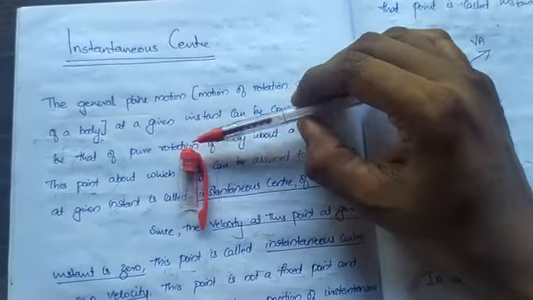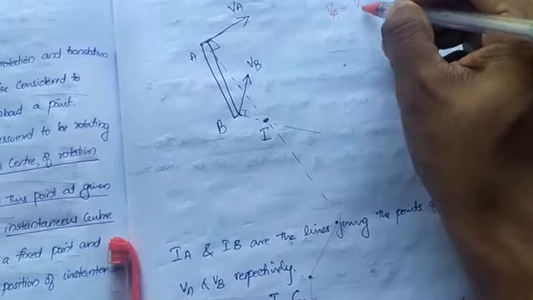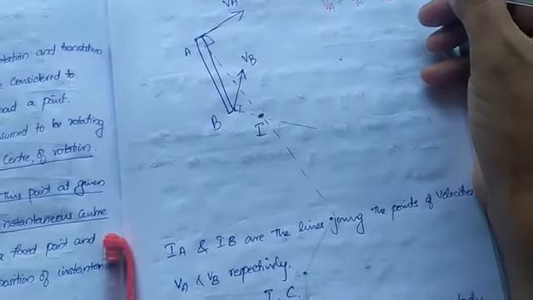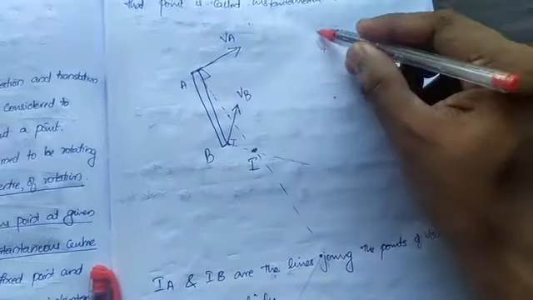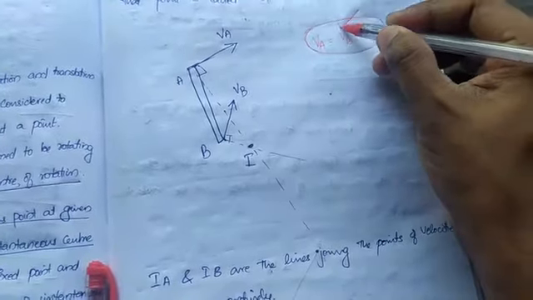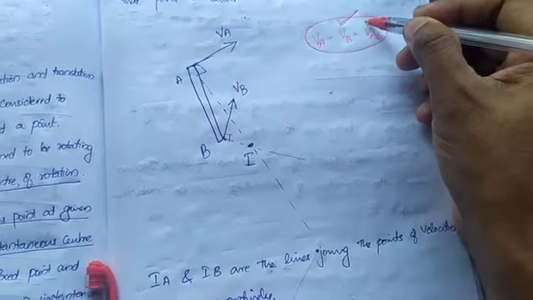IA and IB are the lines joining the points to the instantaneous center, for velocities VA and VB respectively. Initially for general plane motion, VA is considered as VB plus VAB, right? Here we have general plane motion, translation as well as rotational motion.